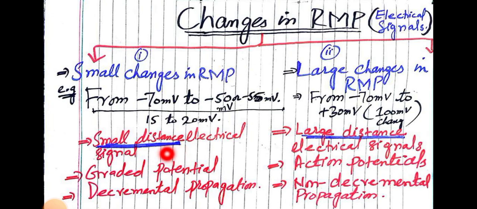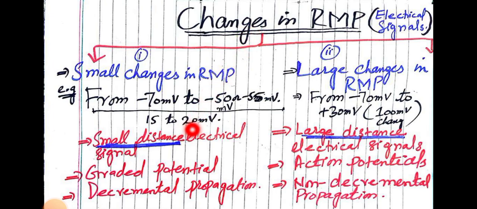Graded potentials are short-distance electrical signals because they can only travel 1 to 2 millimeters on an axon, and their propagation is decremental as they move away from the region of their origin. The magnitude of change decreases.